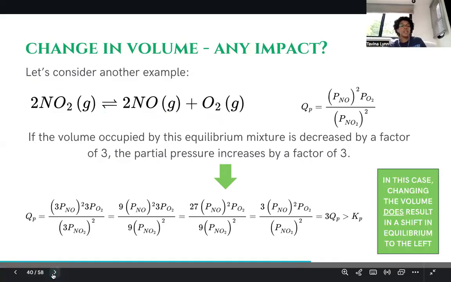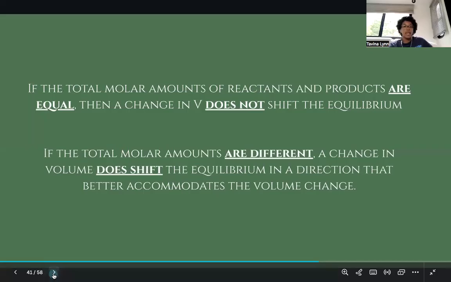So whether or not changing the volume of our system has an effect has to do with the total molar amounts of reactants and products. So if the molar amounts of the reactants and the products are equal, as we saw in our hydrogen iodide reaction, then a change in the volume does not shift the equilibrium.